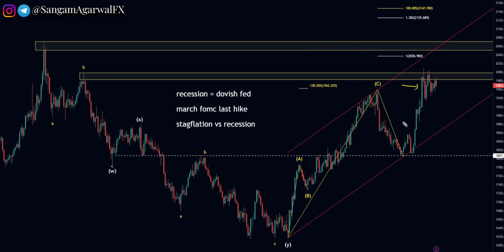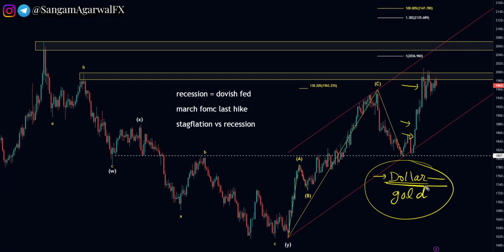Because you saw when gold was making that vertical move, dollar and gold both were going up in vertical line, because both are used as a reserve currency. And this is last time for dollar. So there is a good chance in 2023 of the complete opposite of what you saw last year.